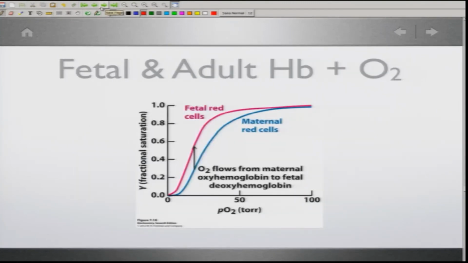What is very important to note is, if you look at fetal hemoglobin and adult hemoglobin, the fetal hemoglobin has higher saturation. It means it carries more oxygen as compared to the adult hemoglobin.